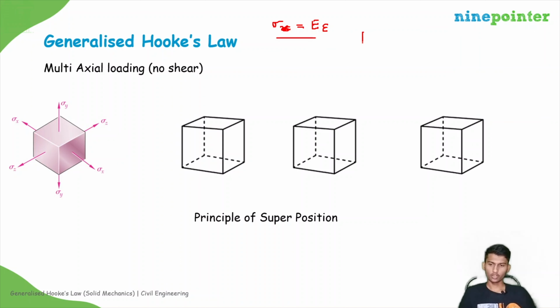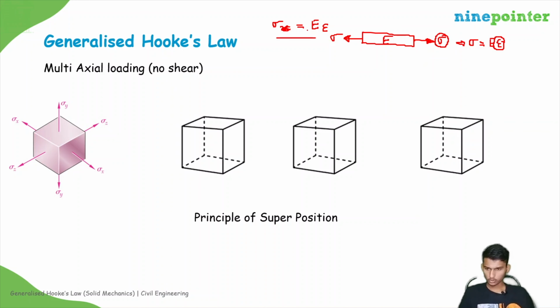But in that case, we only said that if it is applied with sigma and it has E, then sigma is equal to E into epsilon. So this epsilon is only the effect of this sigma, right?